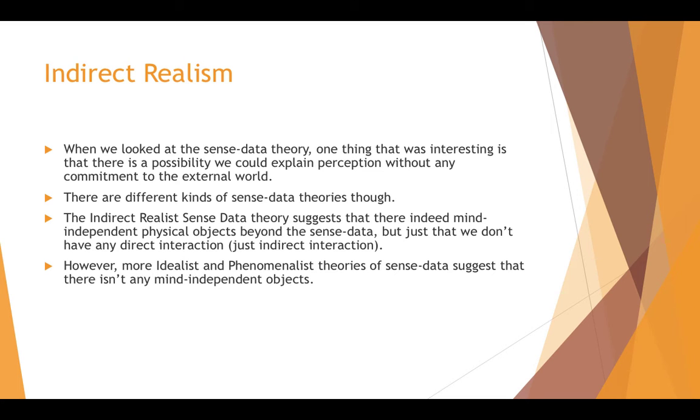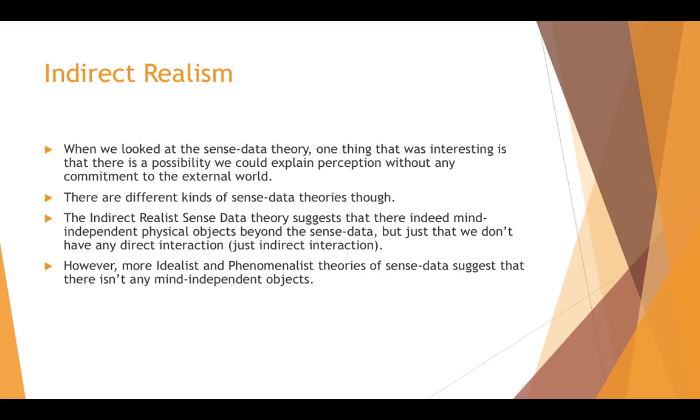There are also idealist and phenomenalist theories of sense data, which suggest that there aren't actually any mind-independent objects. All that exists in reality are the minds, my mind or your mind. This water bottle doesn't exist, this microphone doesn't exist, this laptop that I'm using to record this lesson on doesn't exist.